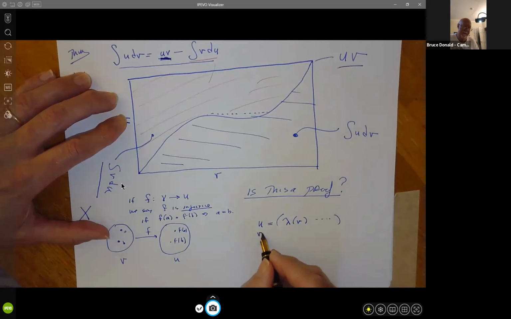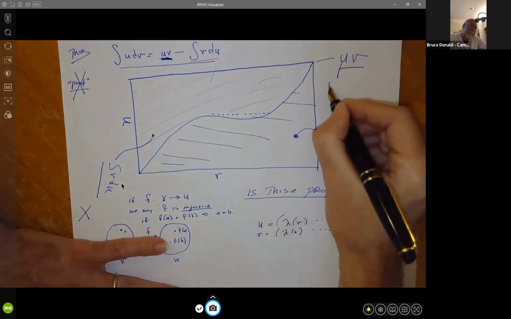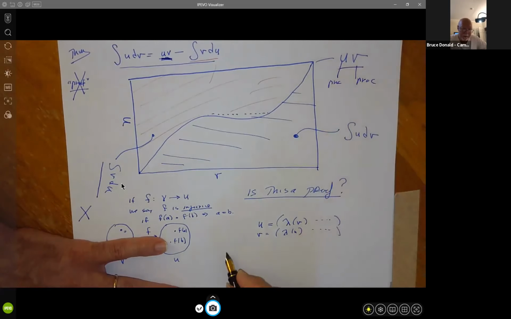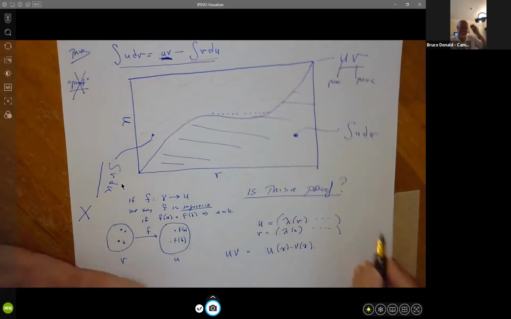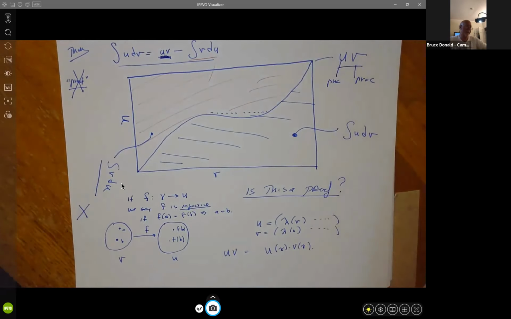And v is some function, lambda of u, right? So these are things of type procedure. So u times v in this sense actually means u of x times v of x, right? So it's a product of two functions. So it's not exactly doing area.